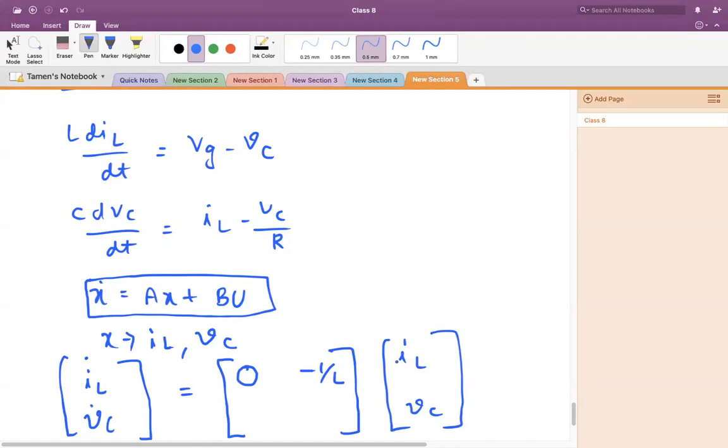It will be 1 over C, because this C will come down.